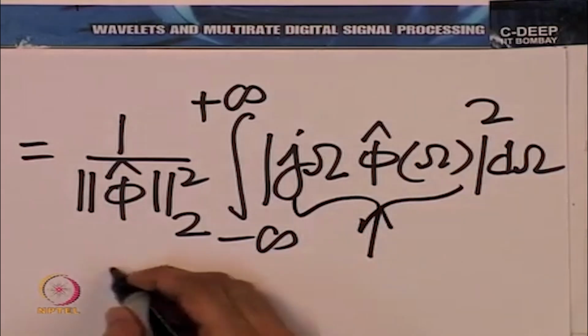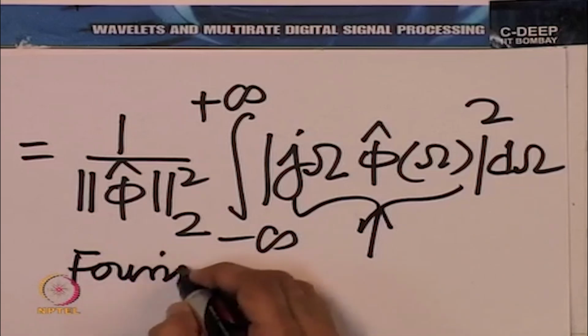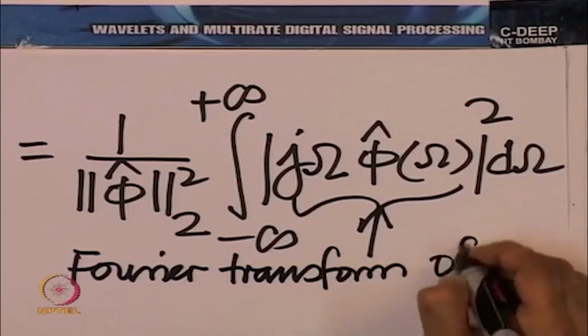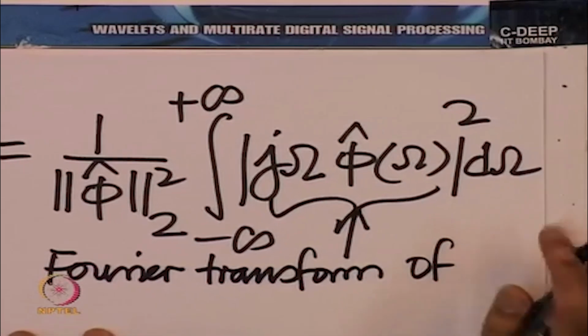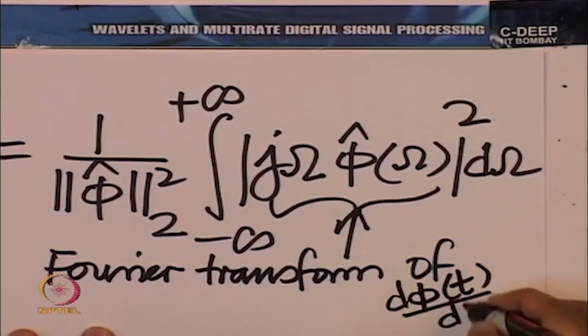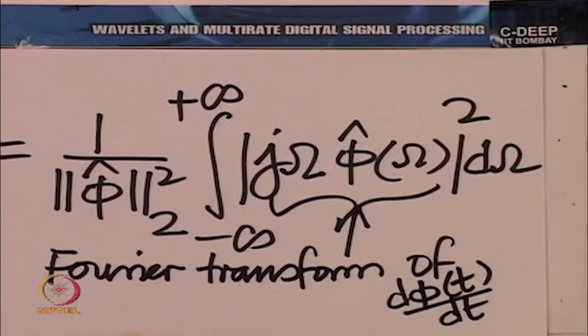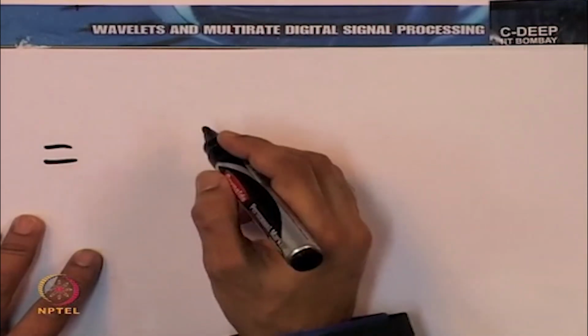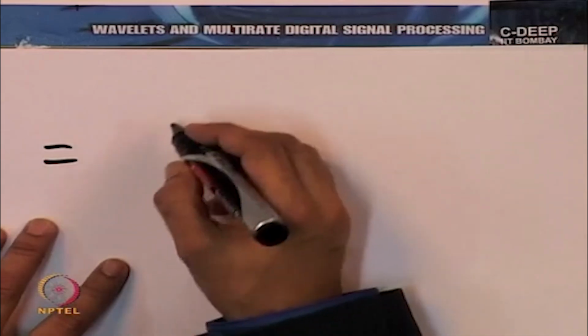It is essentially the Fourier transform of d phi t dt, the Fourier transform of the derivative of phi. So, essentially what we are saying is this variance is actually the energy in the derivative.